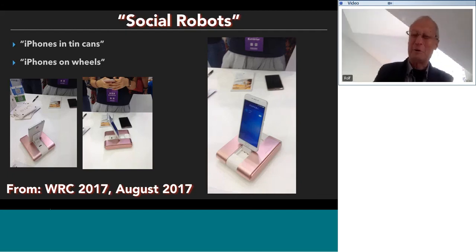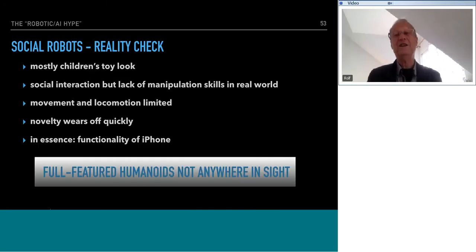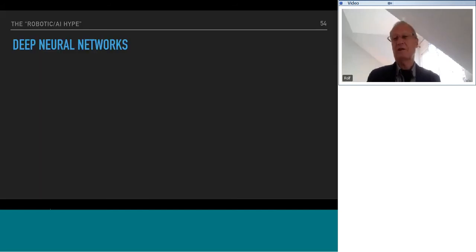It's just like all the other robots, and you can already have this functionality without the need of having a robot. So if we look at the state of the art in social robots today, full-featured humanoids are not anywhere in sight. So forget about Hollywood. We're not there. I'm not saying we will never be there, but we're not there in the near future.